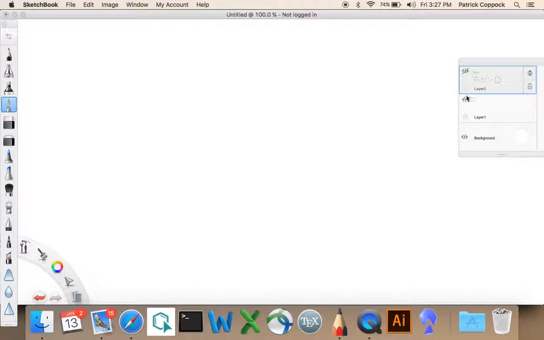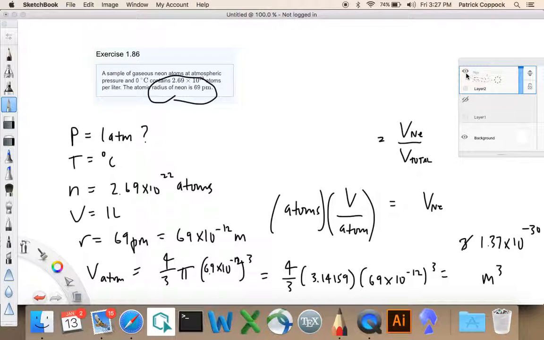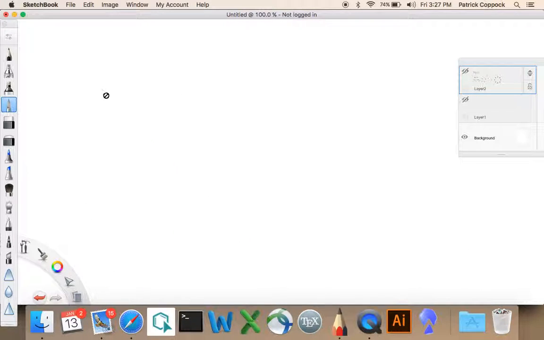So 1.37 times 10 to the minus 30 cubic meters.